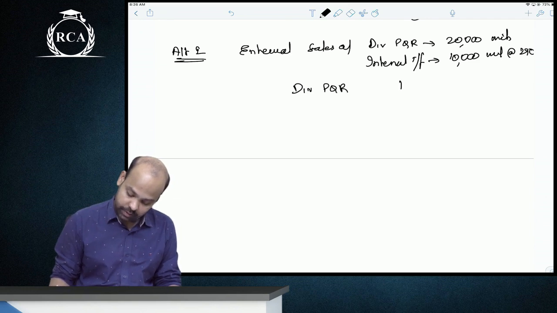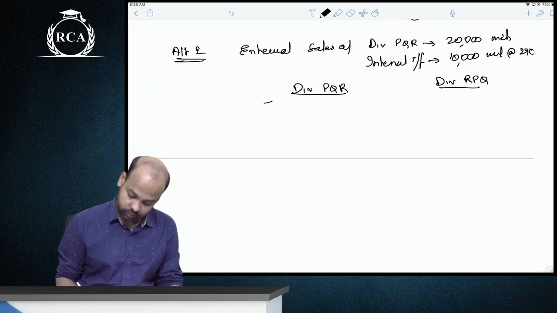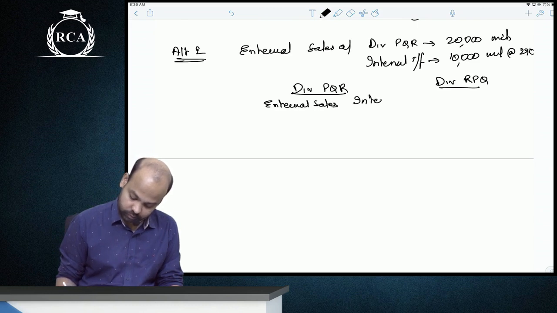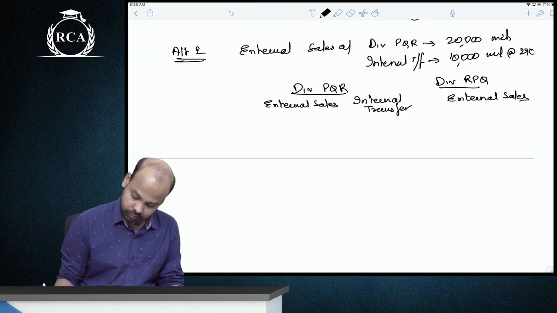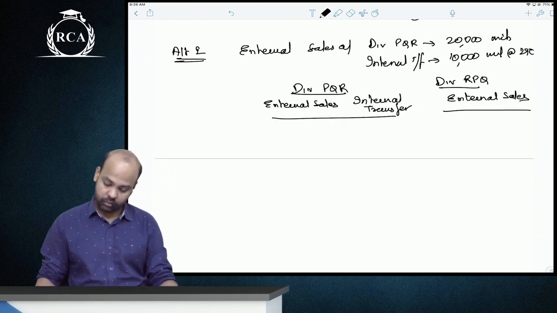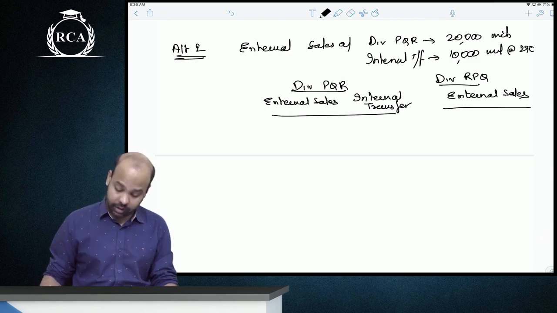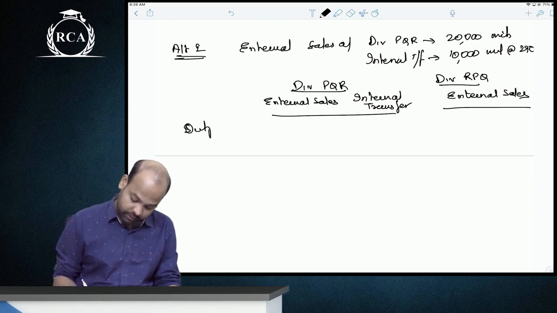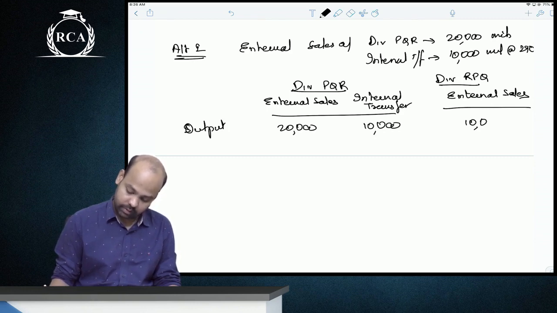Division PQR and division RPQ. Output here is 20,000 units, 10,000 and 10,000.